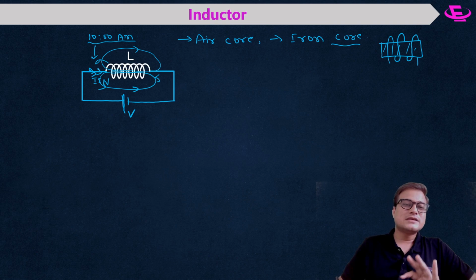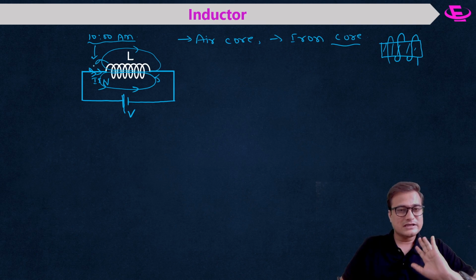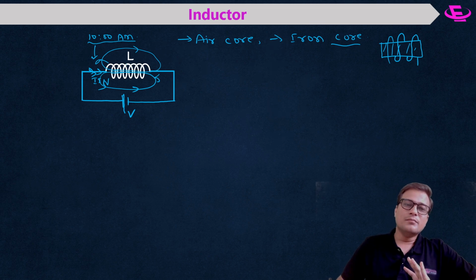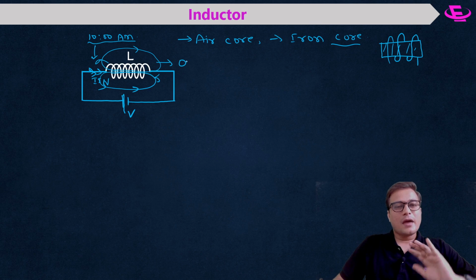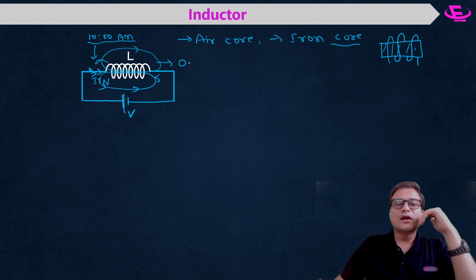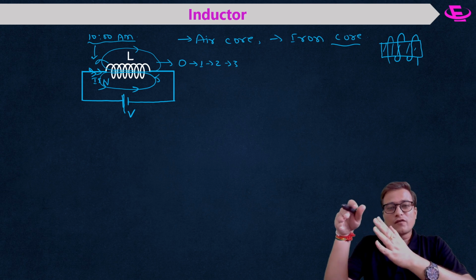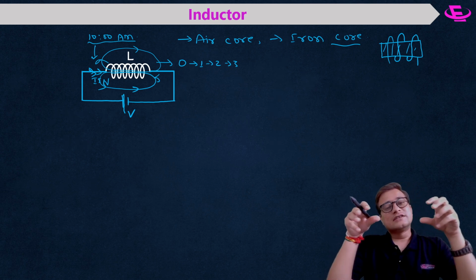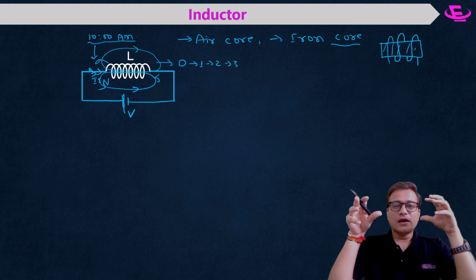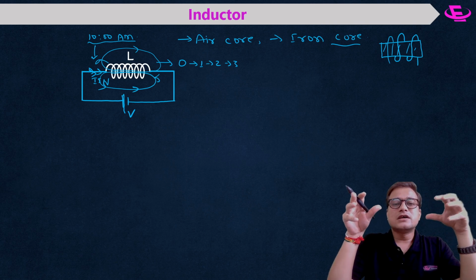So at t equal to 0, meaning at 10 am, the moment you switch on the supply, the magnetic field lines were 0. The development of magnetic field lines will start and it will become 1, 2, 3. That means the number of field lines will be increasing, and in the same order the inductor will take electric current from the supply.